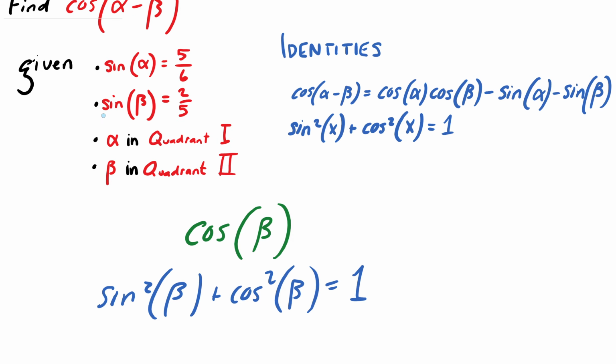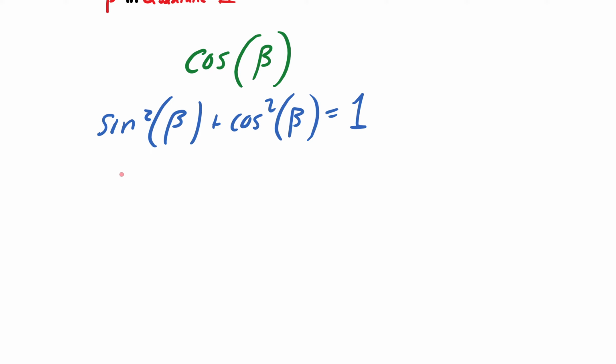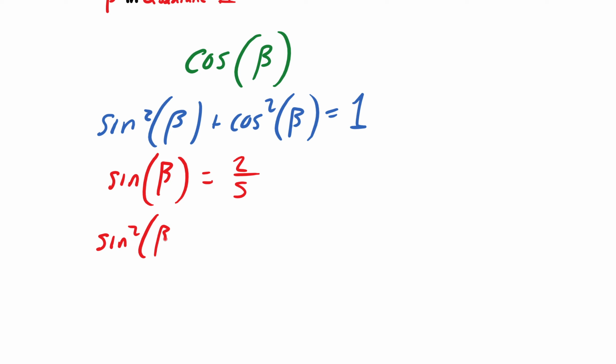Now our given says we have sine of beta equals 2 over 5. So I'll write that. Sine of beta equals 2 over 5. So naturally, sine of beta squared is going to be equal to this squared.